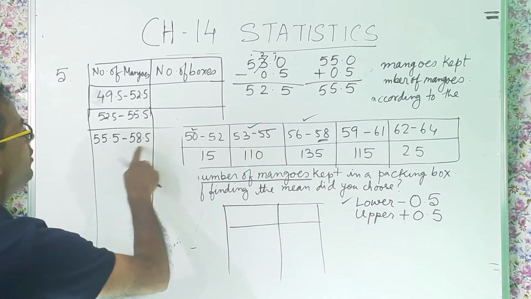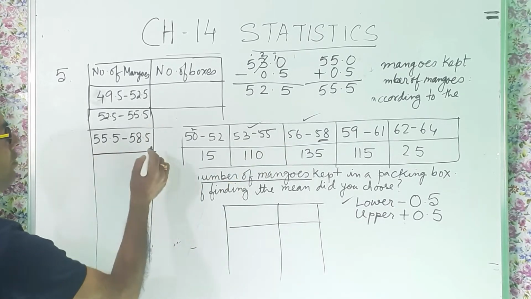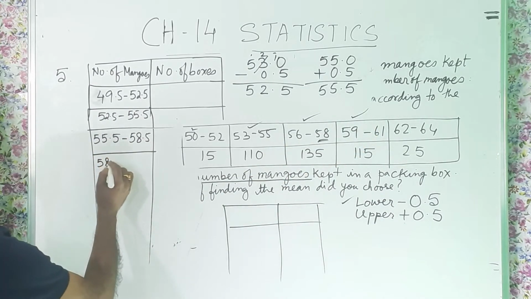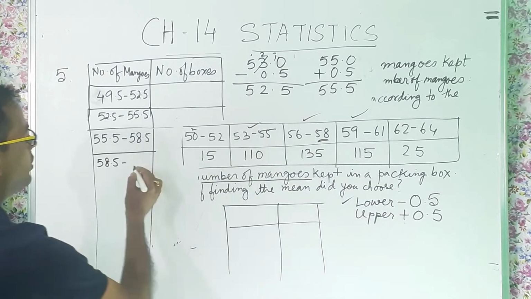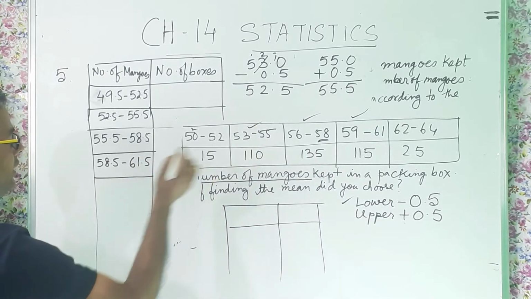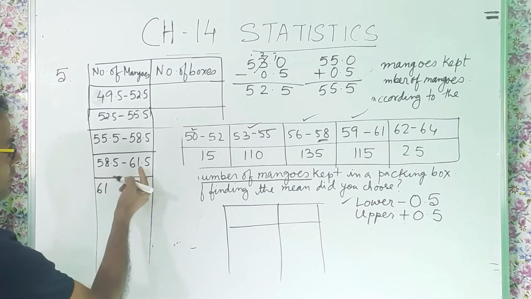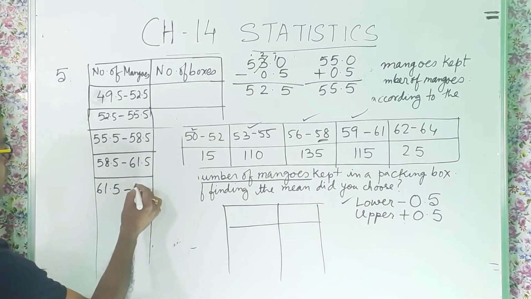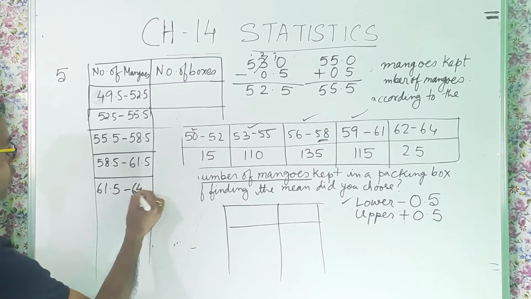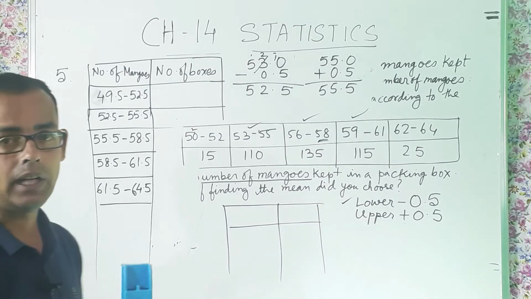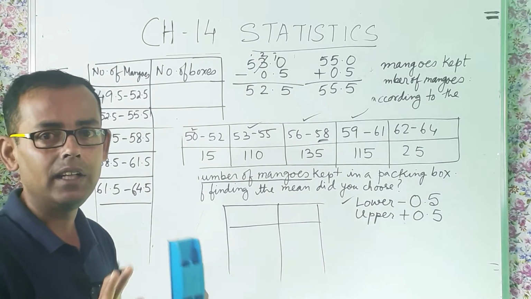After that, the next one, again 58.5 dash, it will become what? 61.5. Again the next one, 60, it will start from this only, 61.5 dash, and it will become 64.5. Okay. So up to this much, I think you have nicely understood.